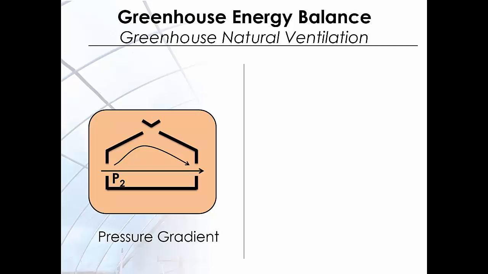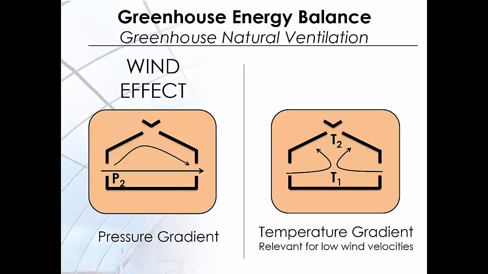Natural ventilation is either driven by differences in pressure between the inside and outside of the greenhouse, called the wind effect, or by differences in air density between the inside and outside of the greenhouse due to temperature differences, called the stack effect or the buoyancy effect. These are the two main driving forces for greenhouse natural ventilation. In the case of natural ventilation, pressure differences are caused by outside wind.